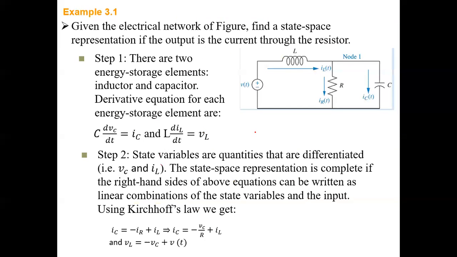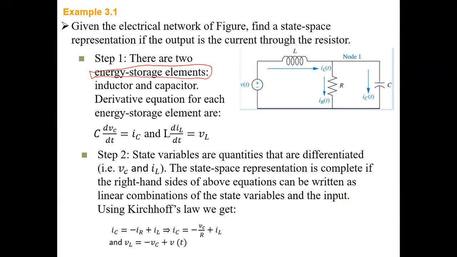Okay, let's use that rule here. Let's solve this problem by using that concept. So what is our concept? What is the goal? First step is to find the number of energy storage elements. Help me here. What are the energy storage elements in this circuit?